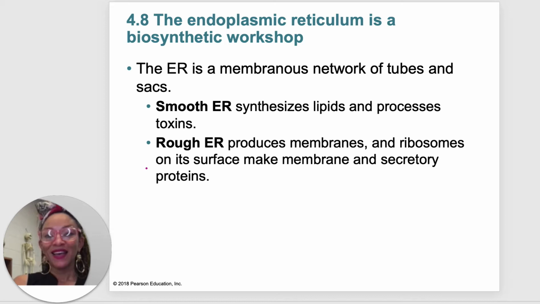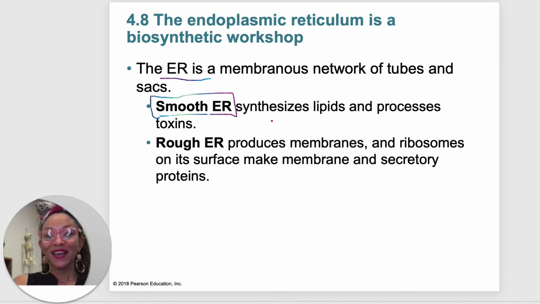First off, let's talk about the endoplasmic reticulum. This is directly continuous with the nucleus. If you are looking for the ER within the cell, it's directly attached to the nucleus, which is going to be that largest organelle. The smooth ER is so called because it is not studded with ribosomes, it looks smooth.